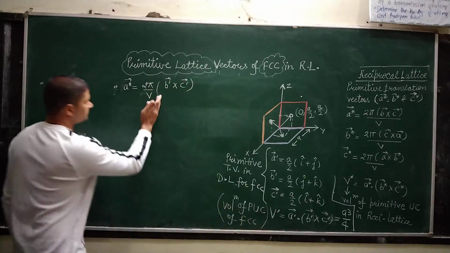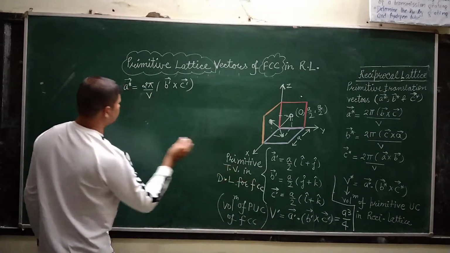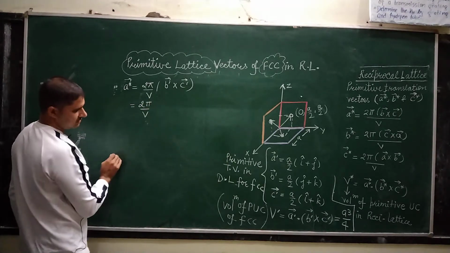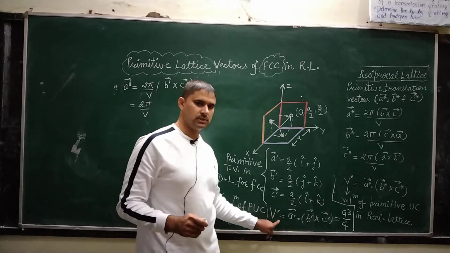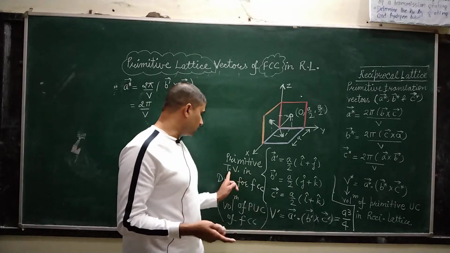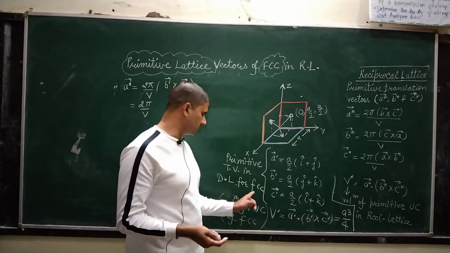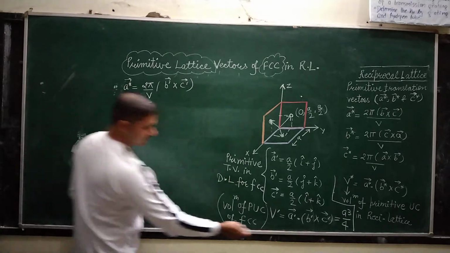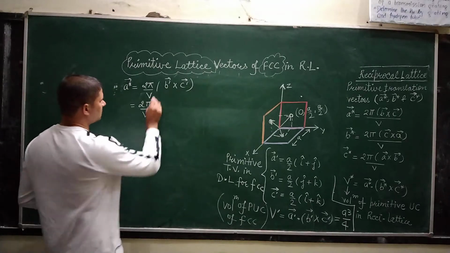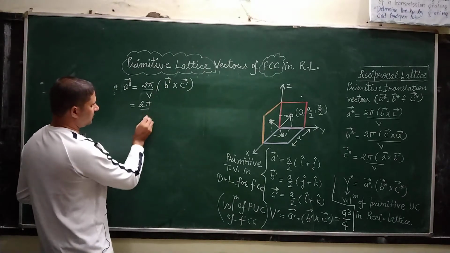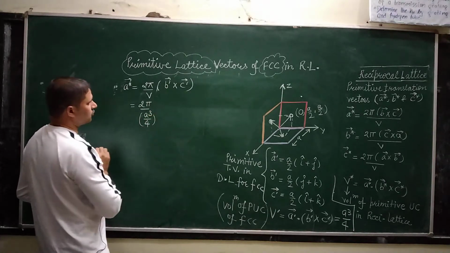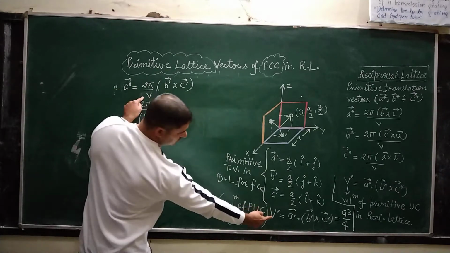Here vector B dash and C dash are given, and if you put their values, 2 pi by V, and this V is the volume of the primitive unit cell formed by the primitive translation vectors in the direct lattice for FCC. So this volume will be A cube by 4, not A cube. You need to keep this in mind, and if you put its value here, it will be A cube by 4. Okay, this is the volume V dash.